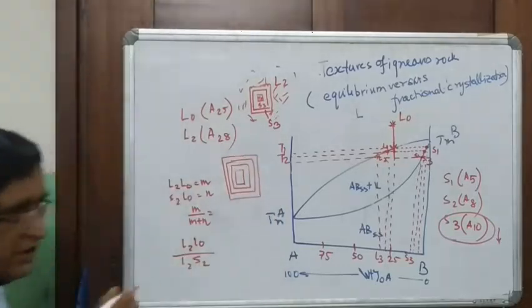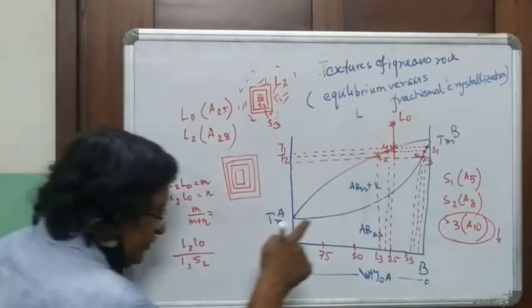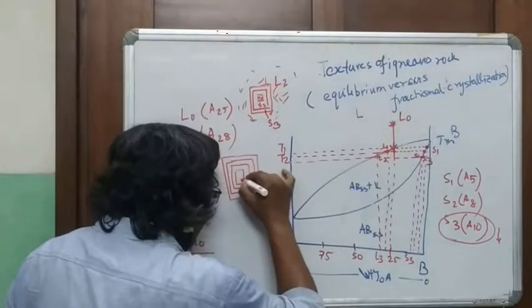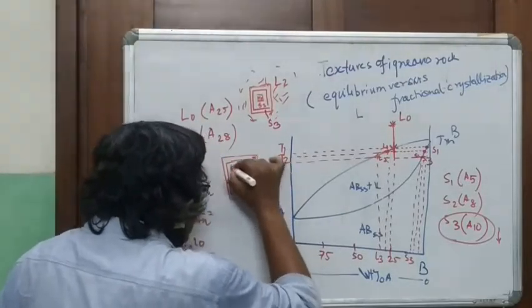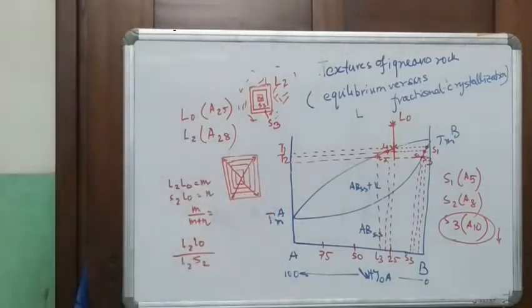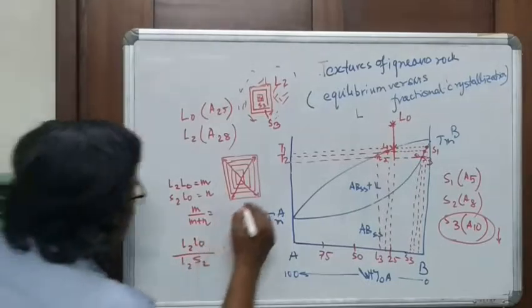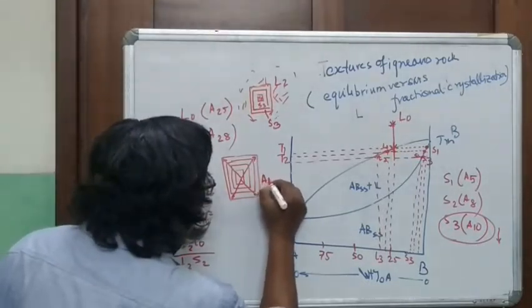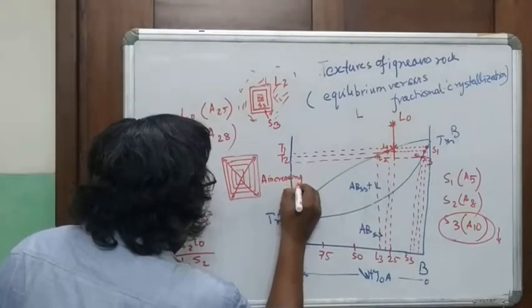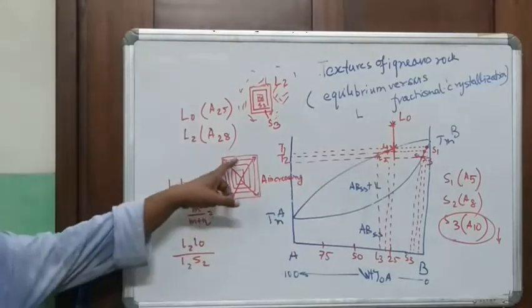So if this continues, as you will be able to imagine, if you go radially away from the center of the crystal outwards, you will see in all directions A is increasing.